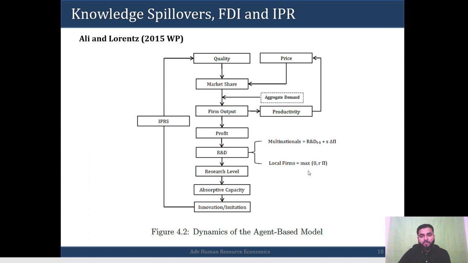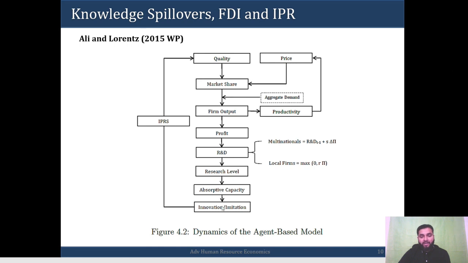But local firms can only invest as much as their profit is. So they invest a certain share of the profits. R is that share of profit, and if profit is negative or 0, they invest 0 on R&D. If profit is positive, then they invest R, a proportion of their profit, in research and development. That research and development develops some knowledge and increases the research level, which in turn improves the absorptive capacity of the firms.